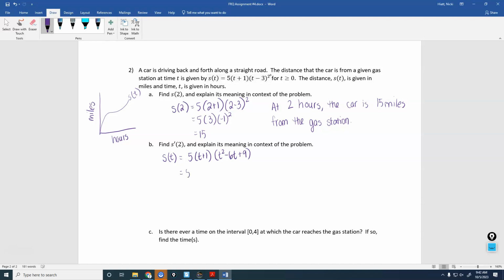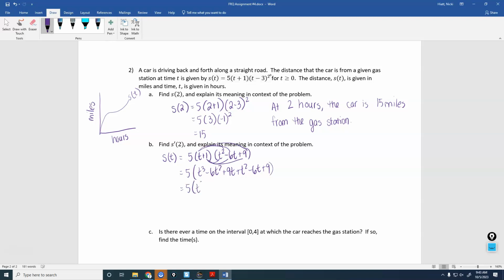If you do that, you got t cubed minus 6t squared plus 9t plus t squared minus 6t plus 9. So we're just distributing here. Notice I kept the 5 out front.